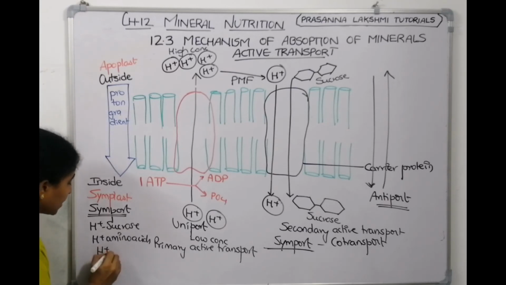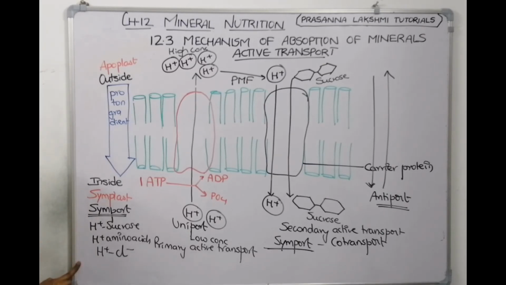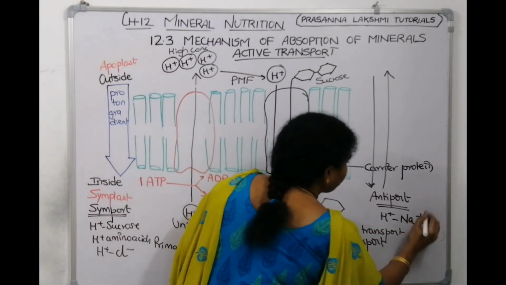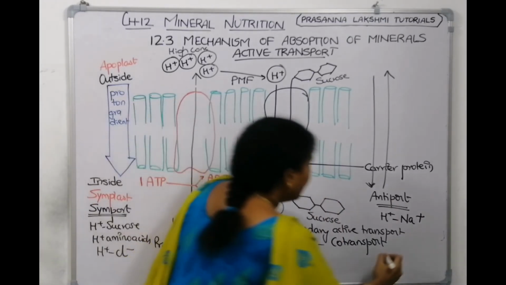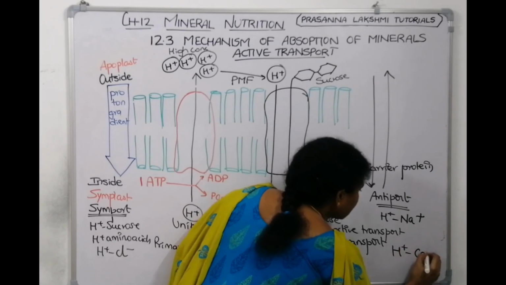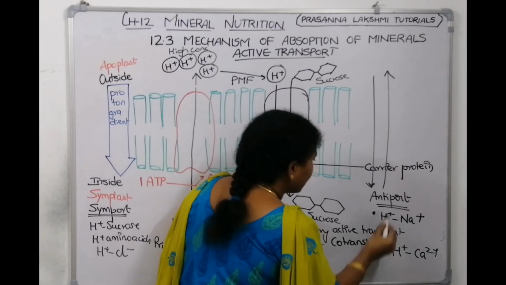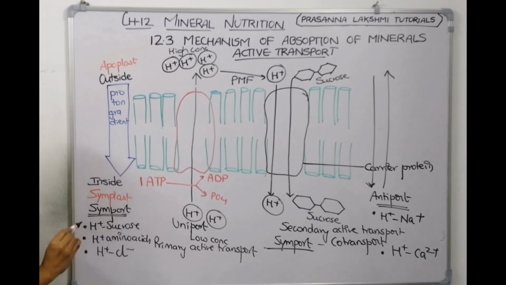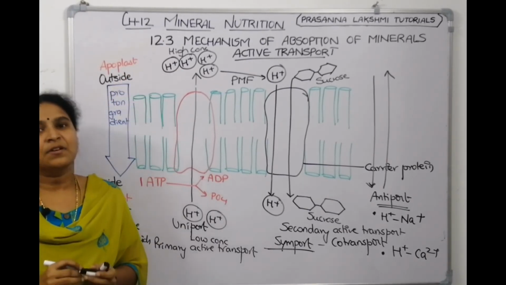And if H plus and Cl ions are coming inside in the same direction, that is symport. For antiport, if H plus is coming in, Na plus goes out. And if H plus is coming in and Ca 2 plus is going out, that is antiport. So one, two, three are examples of symport, and these two are examples of antiport.